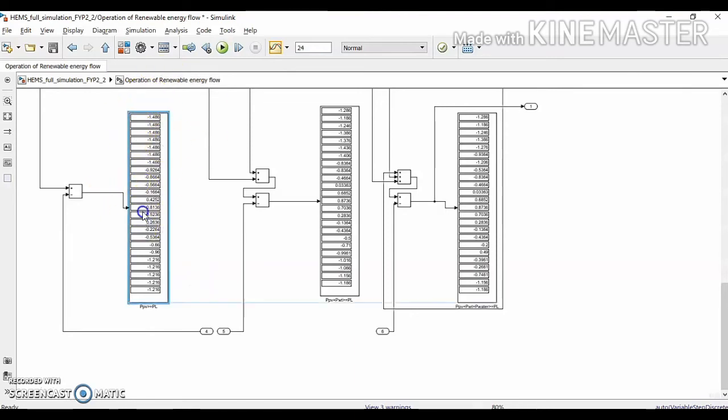We need to determine whether the power PV is higher than the power load, and whether the power PV plus wind turbine is higher than the power load, and also whether the power PV plus wind turbine plus water turbine is higher than the power load. All of these are represented by hour.